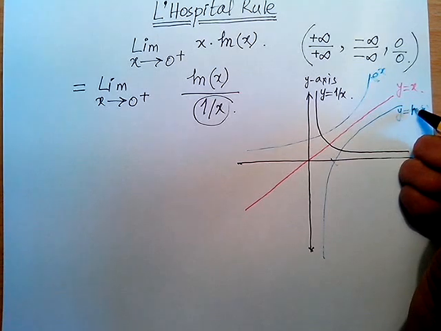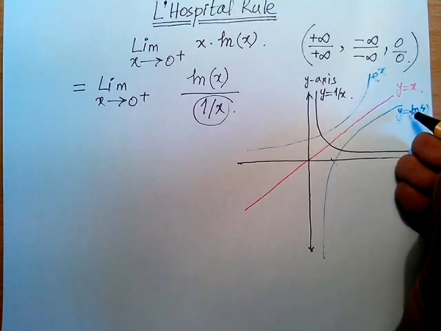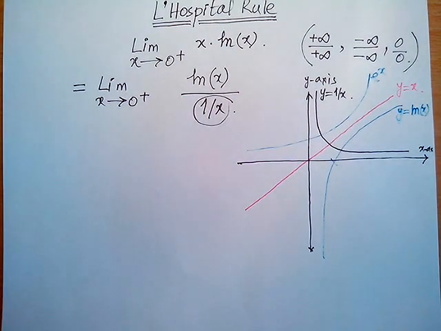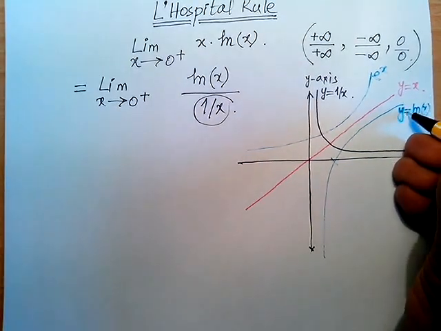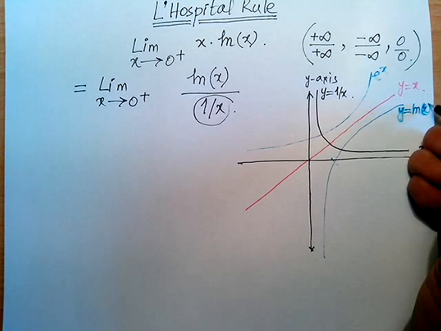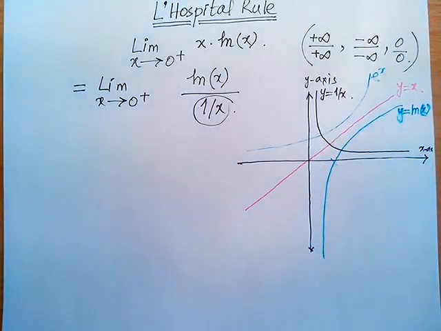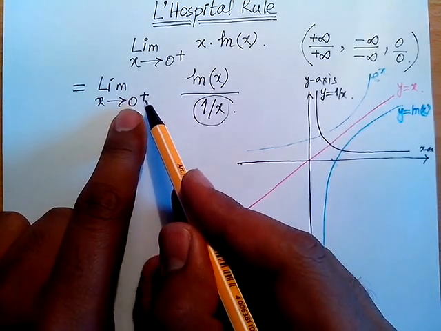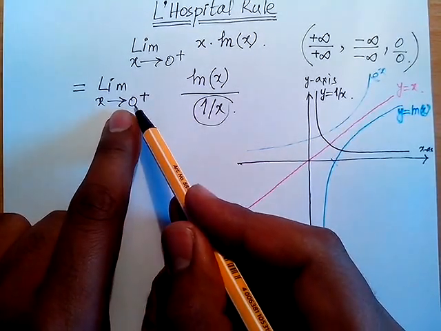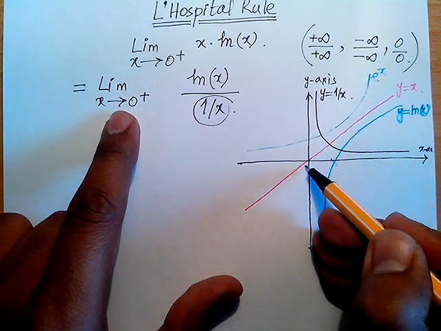So this is ln of x. I'm going to use another color. Okay, so the thing is that if I plug in the limit here, 0 plus, it means we are approaching 0 from the positive direction. So this is the positive direction, we are approaching 0, this is 0.